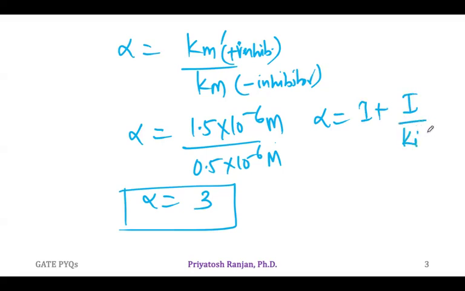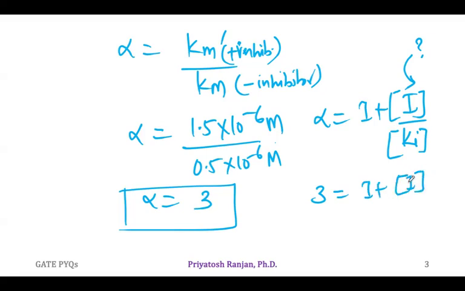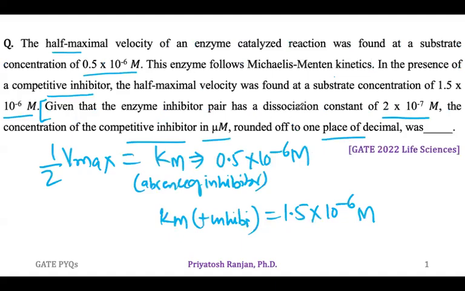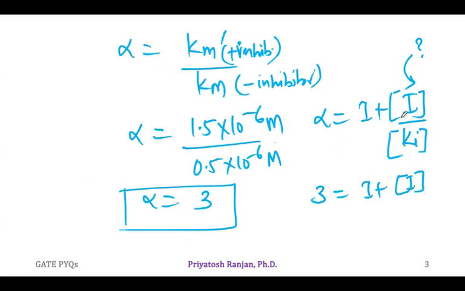And Ki is the dissociation constant for the enzyme inhibitor complex, and this value is given. The concentration of I you have to calculate. So alpha is 3, which we have already calculated, equals 1 plus the concentration of I, which we need to calculate, divided by the dissociation constant, which is given as 2 into 10 raised to the minus 7 molar.